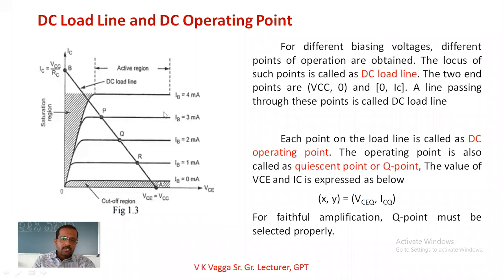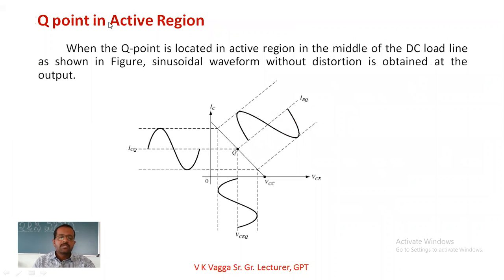Any point existing on these lines itself is called a DC operating point, or it is also called the quiescent point or the Q point. And for faithful amplification, this operating point is to be chosen properly here. Now we'll see the operating point in the active region.